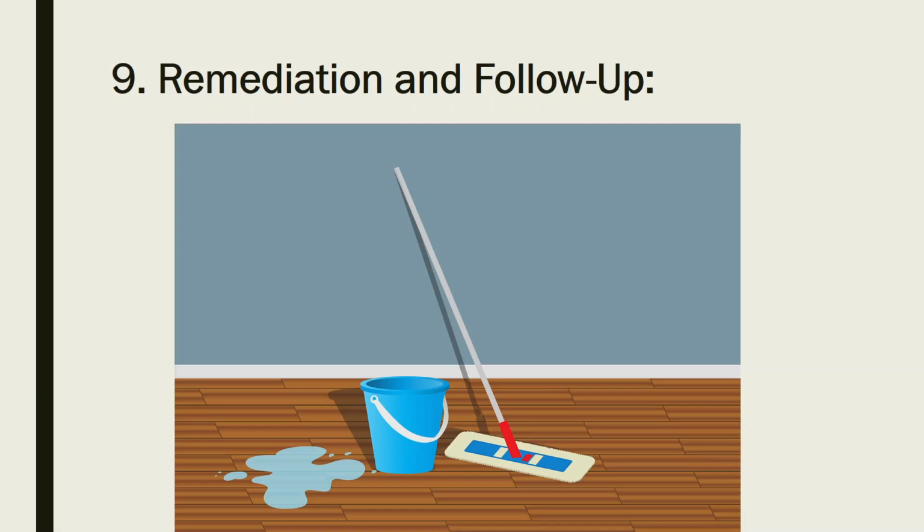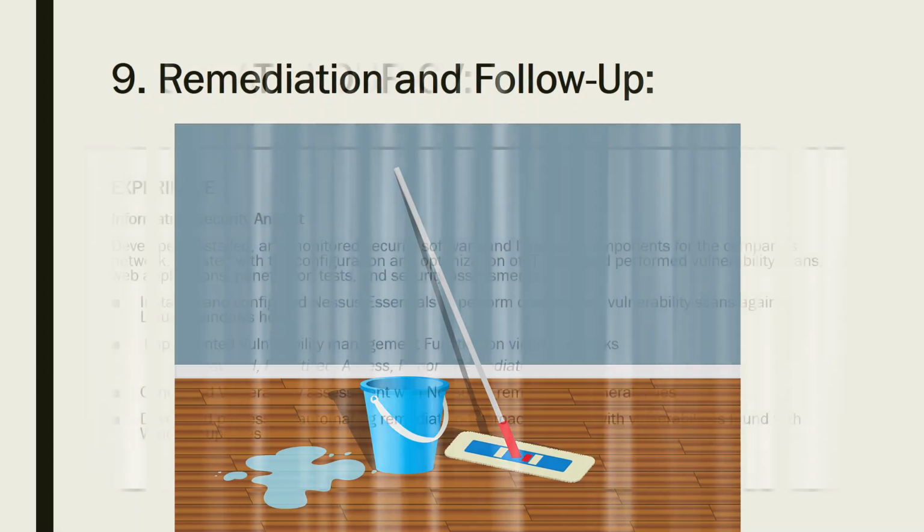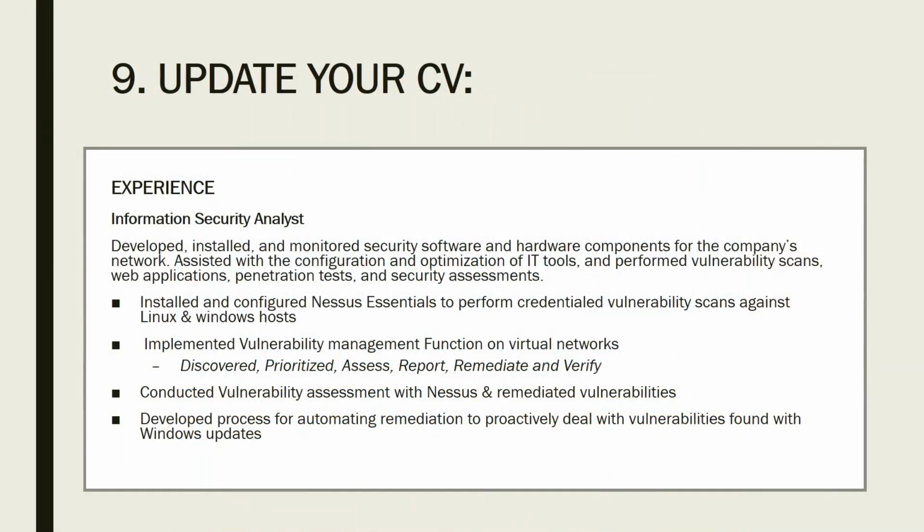For instance, you might have found that the device has been misconfigured, then you reconfigure the device. Or maybe some ports are open, so you lock the ports. Or some patches need to be updated, so you update them. After updating, you go back and conduct the scan again and make sure that the vulnerability you found is no longer there. And lastly, you update your CV.